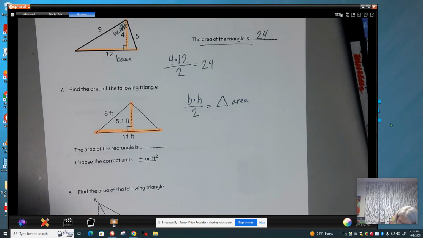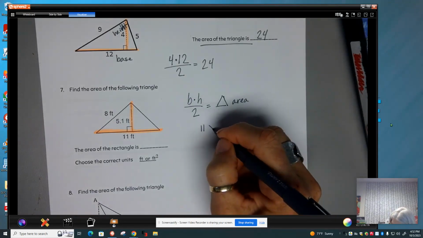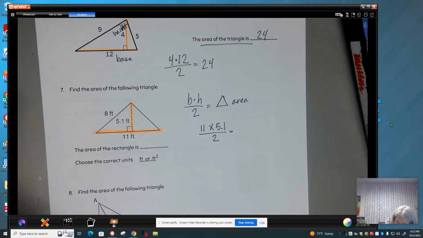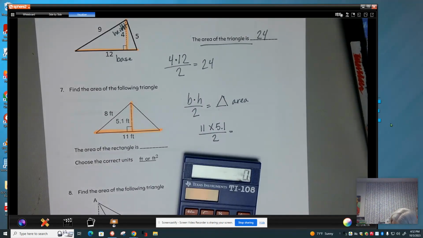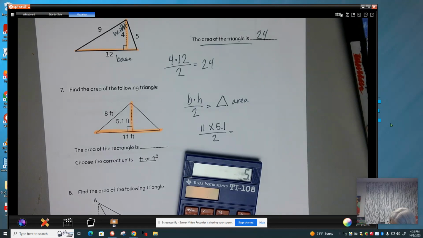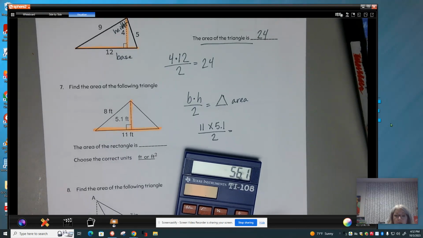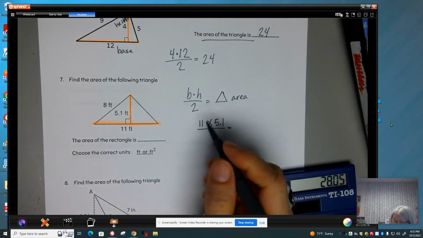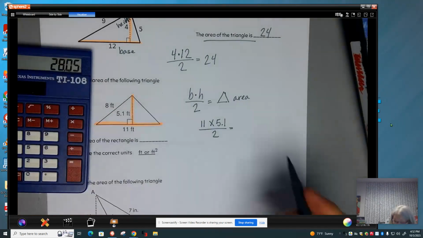So we are going to have 11 times 5.1 divided by 2. 11 times 5.1. I like to put equals in between just to make sure, and then divide by 2. 28.05.